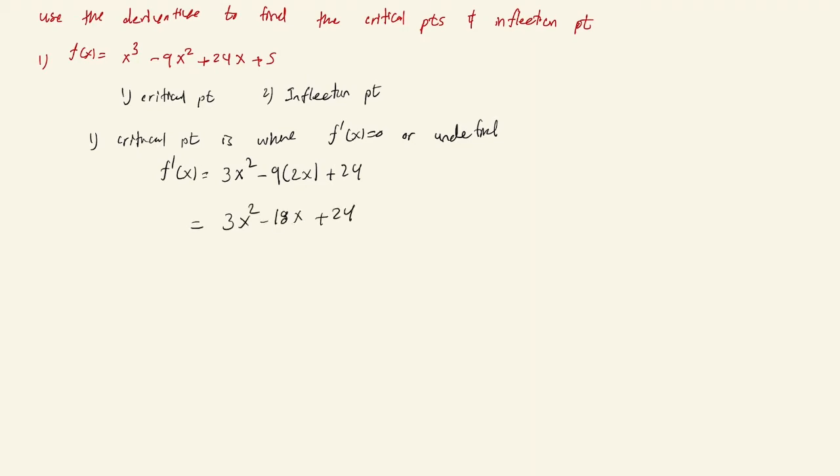Now, notice here we can also factor out 3. So that's what I'm going to do in the next step. It's going to be 3 multiplied by x squared minus 6x plus 8.